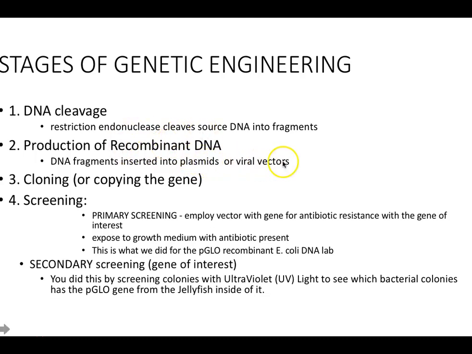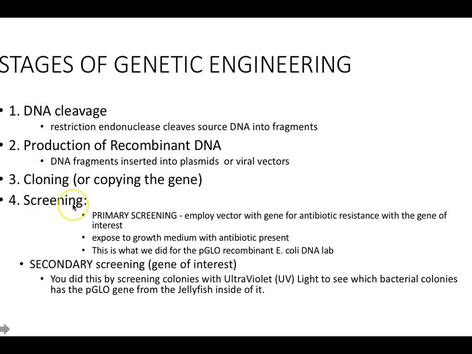Now, I haven't talked about viruses, so it's not going to be on the exam, just the plasmids into bacteria. Cloning, you copy the gene. In other words, you put the bacteria into broth, you grow them up. They now all clone because bacteria don't do sex. They just do cloning. They just copy themselves.